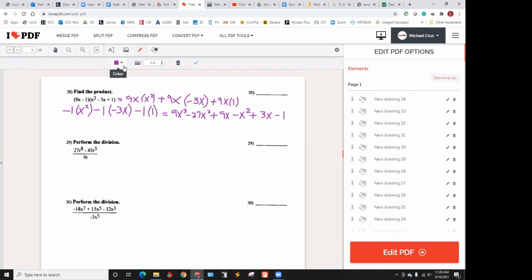Now, again, whoops. So this is alike, this is alike. So there's no other x cubed term, so that's just going to go one of those. -27 and -1 is -28.